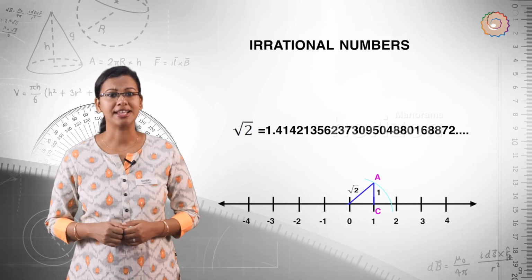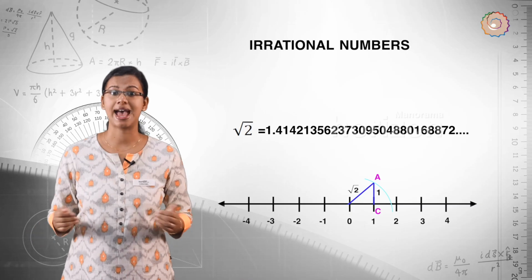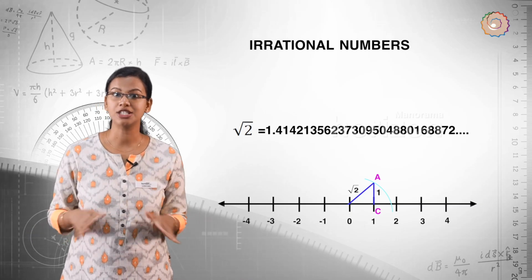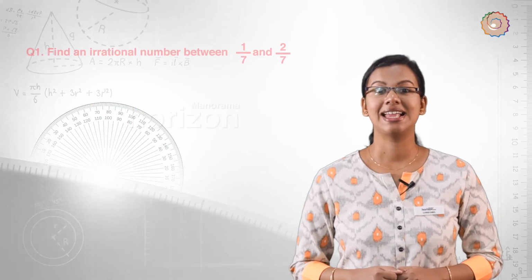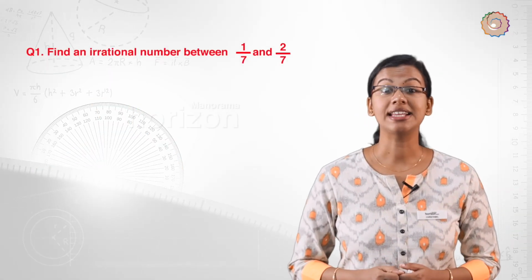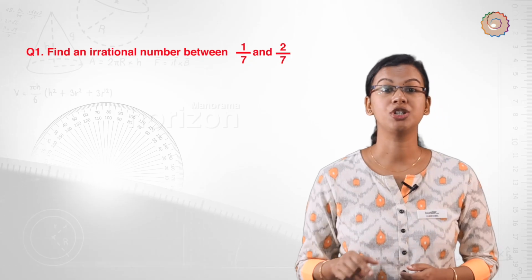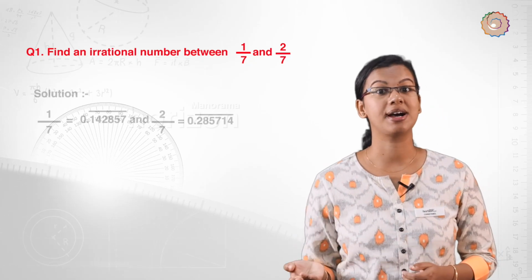So we can find many irrational numbers between any two numbers. Let's find out how it can be done. Let's see an example. Find an irrational number between 1 by 7 and 2 by 7.